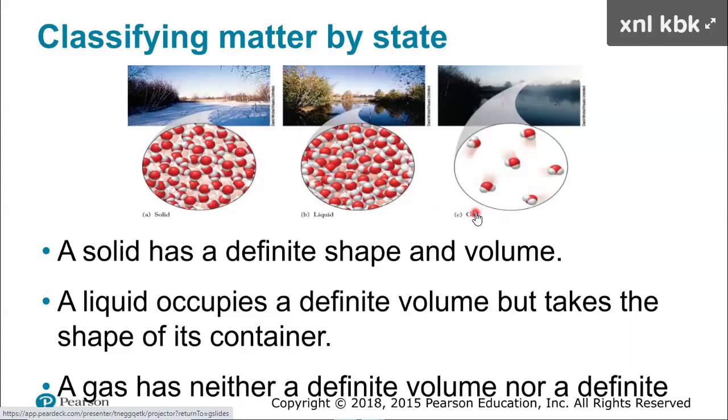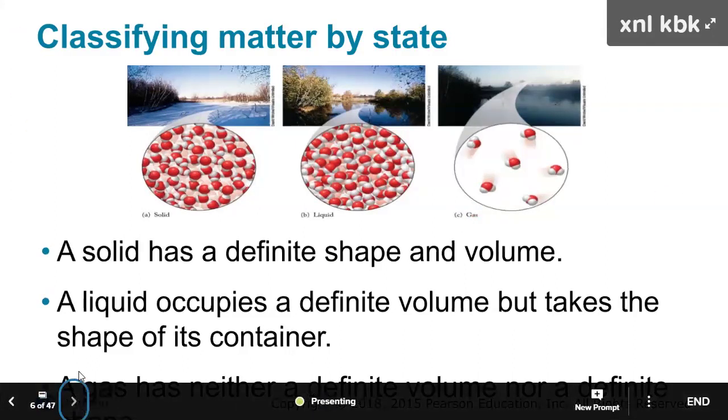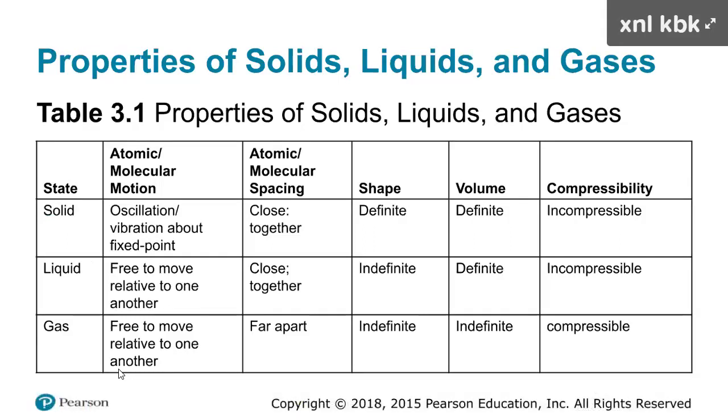Now, what's the difference between a solid and a liquid? Kind of hard to see from the diagram. But one of the things that we can say about solids and liquids comes in its motion. The solids are packed together just a little bit tighter than the liquids are.